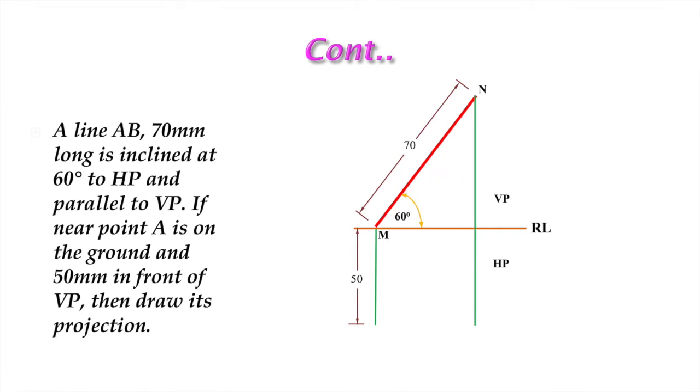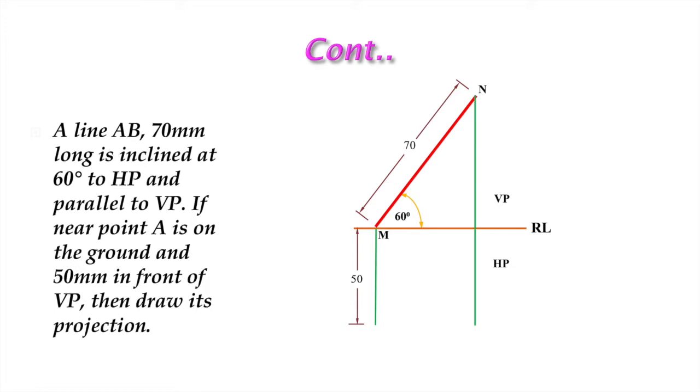Now in the HP, means in the top view, we'll see a line that is parallel to reference line. It is better for understanding that you just take a scale in the night, and consider the ceiling as your roof or your floor as HP, and your front wall is the VP.